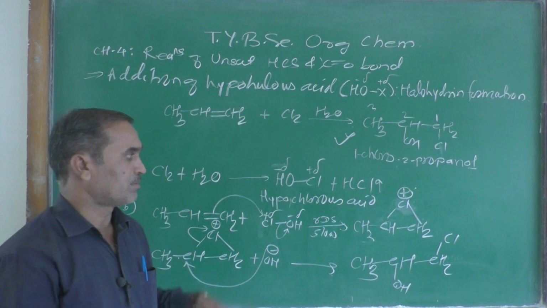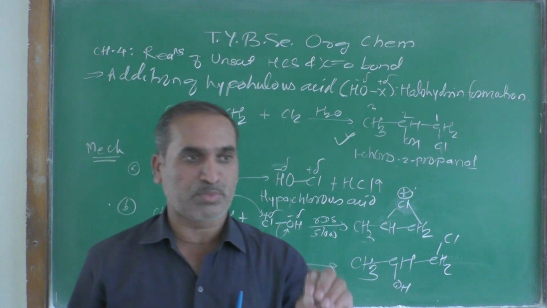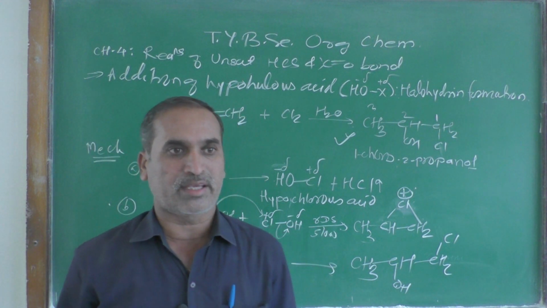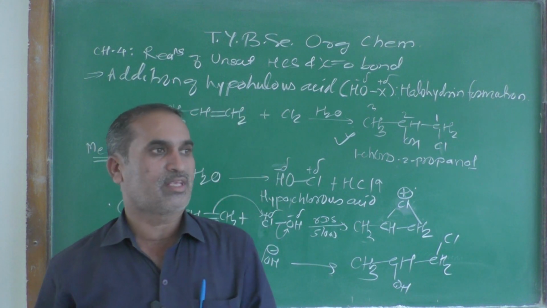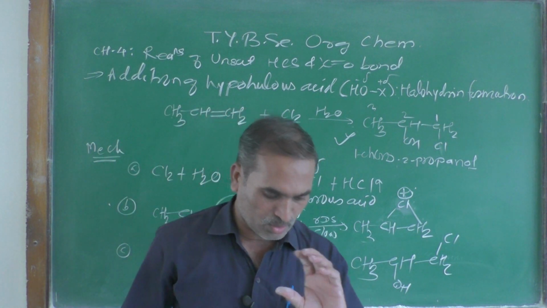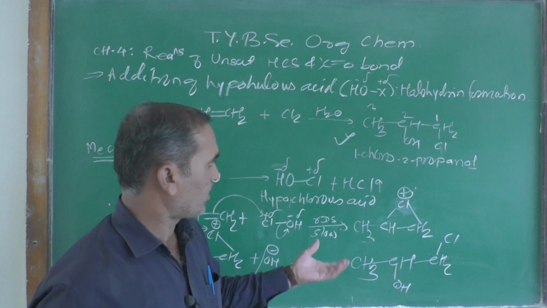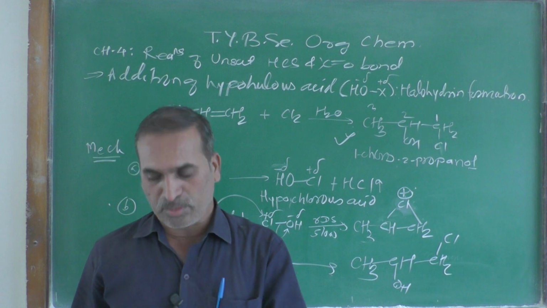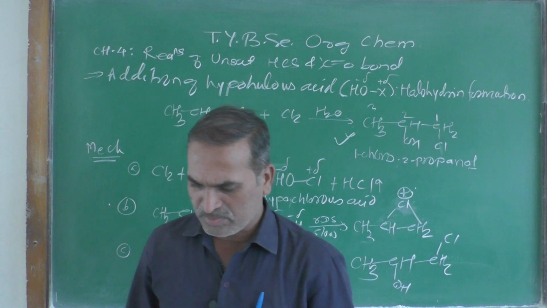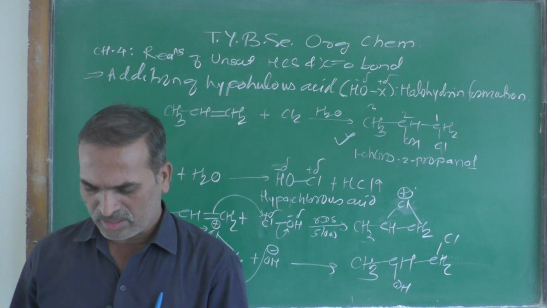The name of this compound we already learned. So remember, this mechanism proceeds via a cyclic halonium ion. If chlorine is there, cyclic chloronium ion; if bromine is there, cyclic bromonium ion. This type of product we generally form.